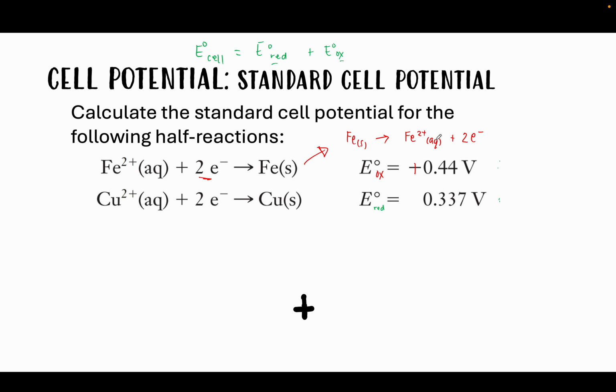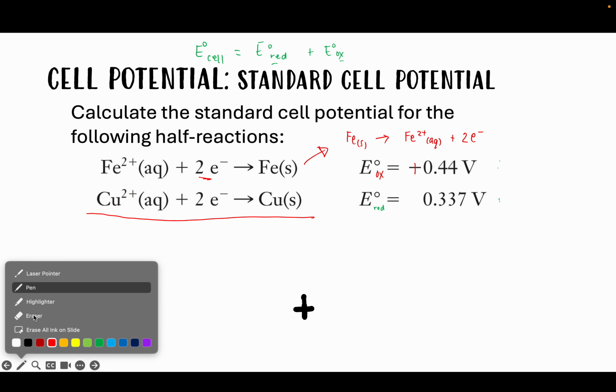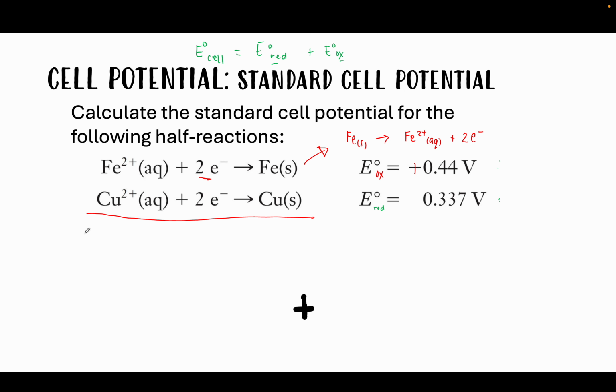If we were to add these two, so this will be added with this, and the electrons will cancel out. Then you're left with iron solid plus copper 2 forming iron 2 plus copper solid.